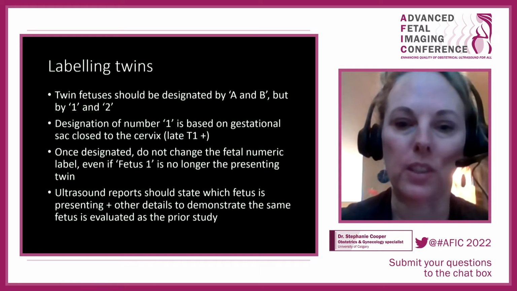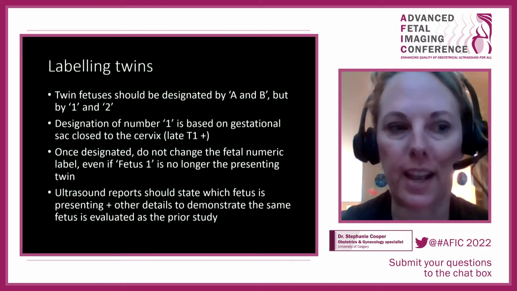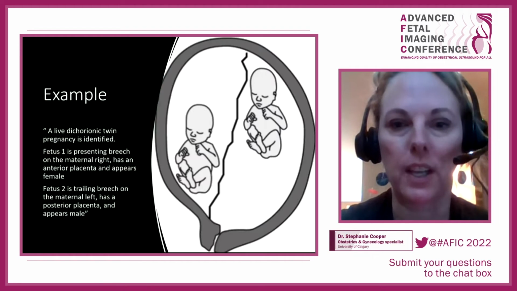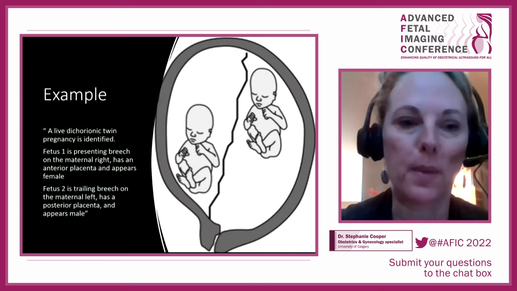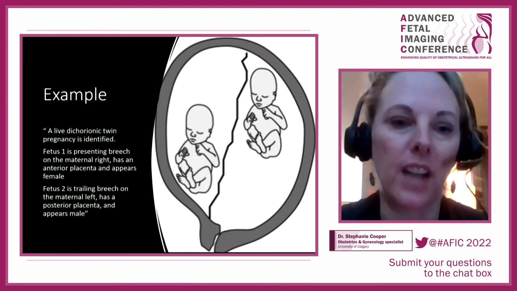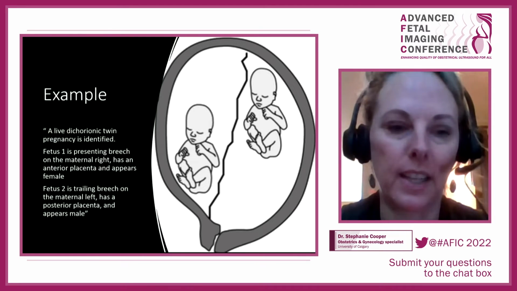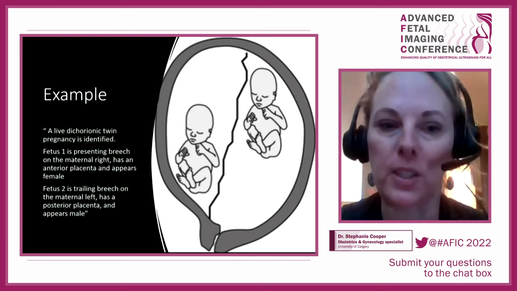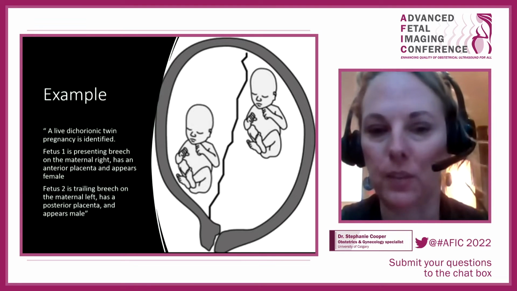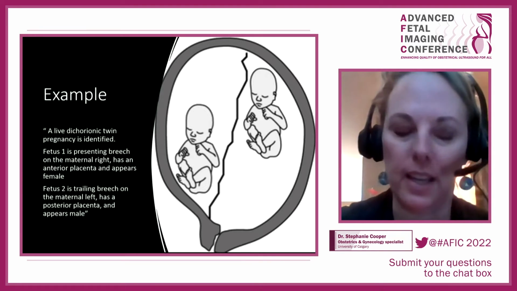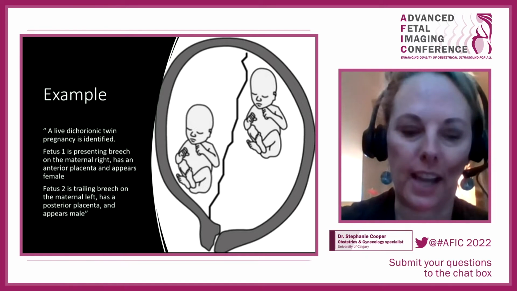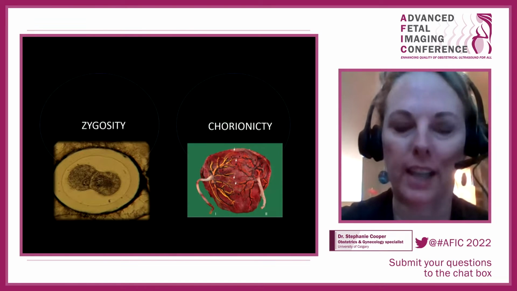Ultrasound reports should give details which help confirm and keep track of which baby is which. For example, this is what I would put in a report: a live dichorionic twin pregnancy is identified. Fetus 1 is presenting breech on the maternal right, has an anterior placenta, and appears female. That way, if they do switch positions, we'll be able to keep track.